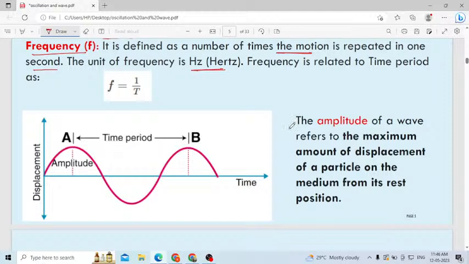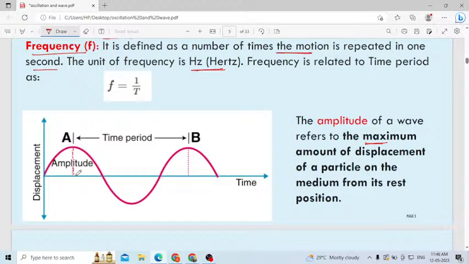Then the next one, the amplitude of a wave refers to the maximum amount of displacement of a particle on the medium from its rest position. In simple words, amplitude is nothing but the height of the wave. This is the amplitude you can consider here.